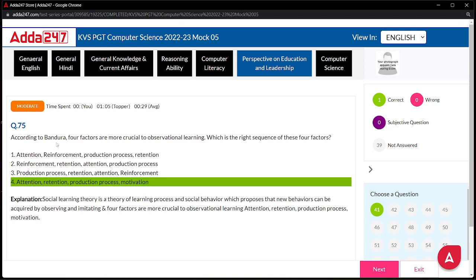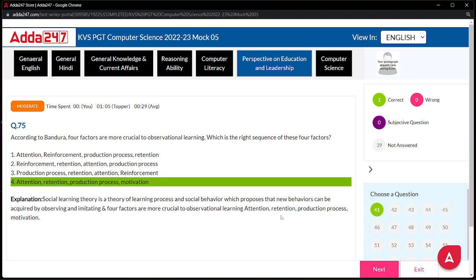Next, according to Bandura, which four factors are crucial for observational learning? That is attention, retention, production process, and motivation. So you have to remember the arrangement. Social learning theory is a theory of the learning process and social behaviorism, which proposes that new behavior can be acquired by observing and imitating, through four factors.